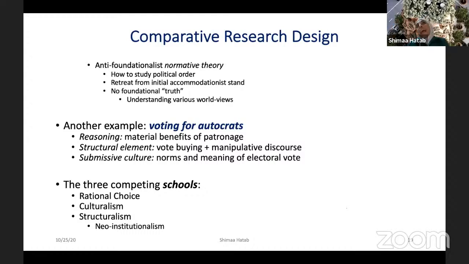Okay, if you are foundationalist, you believe that when people cast a vote for the dominant party or for the autocratic leader, this is reality, okay? And there is no separation between the appearance and the actual reality. What you see is the reality and it's objective, okay? So you need to come up with a causal claim by saying, you know what?